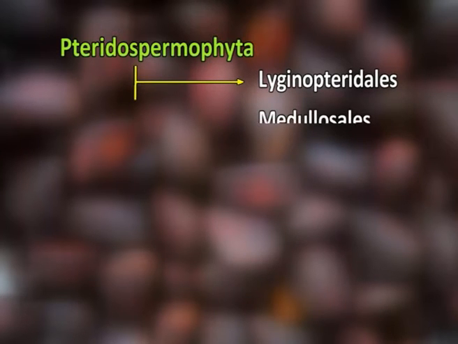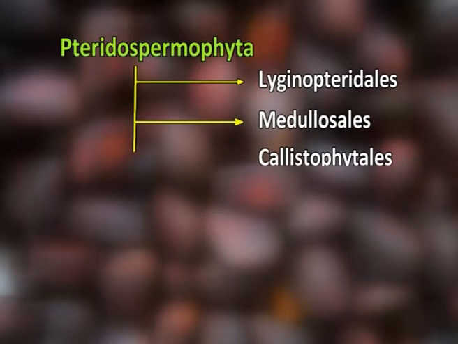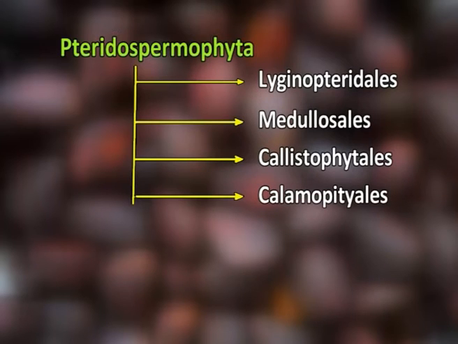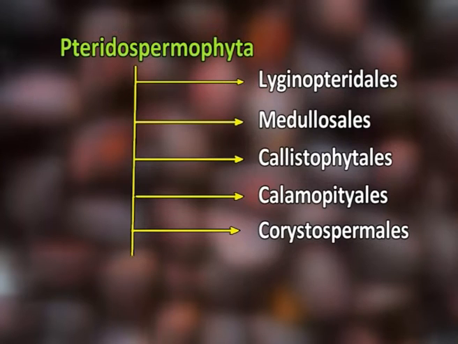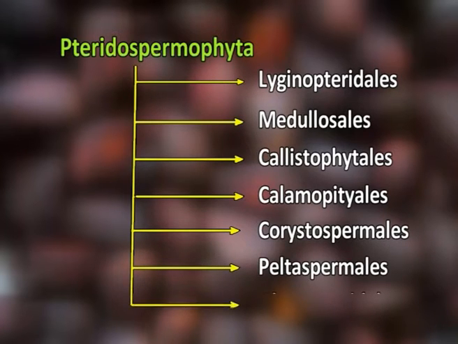Pteridospermophyta was further divided into 7 orders: 1. Lyginopteridales, 2. Medullosales, 3. Callistophytales, 4. Calamopityales, 5. Corystospermales, 6. Peltaspermales, and 7. Glossopteridales.